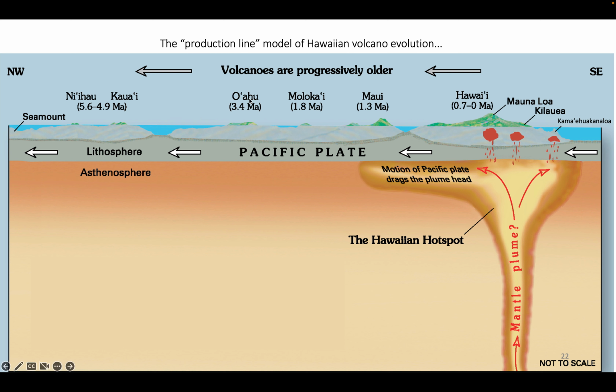So the volcanoes here on Oahu, if we were to just give an average age for the two volcanoes, the Waianae Mountains as well as the Ko'olau Mountains, they're about 3.4 million years old. Whereas Ni'ihau and Kauai, which are much older and located further towards the northwest, further away from the hotspot, are about 5.6 and 4.9 million years old.